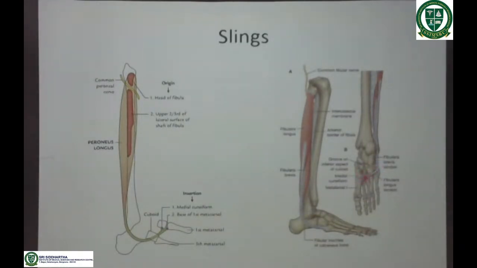This is towards the base of this first metatarsal. This is the navicular here. This is the medial cuneiform. It's towards the medial cuneiform and the base of the first metatarsal, the insertion of this fibularis longus.